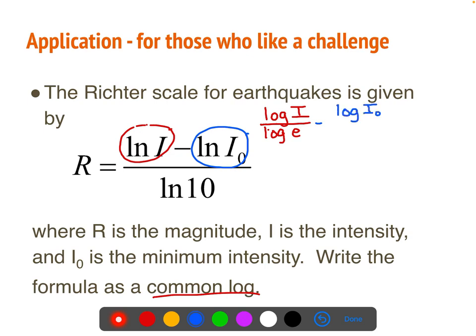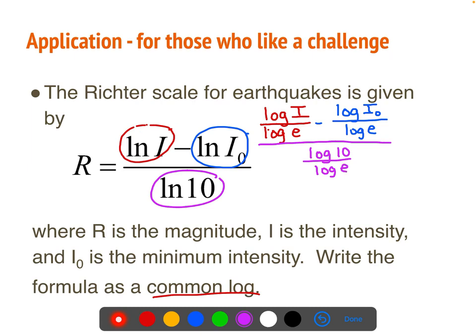So minus log of I naught over log of E, because ln is base E, over, now I'm going to do this guy, log of 10 over log of E, again, because ln is base E.